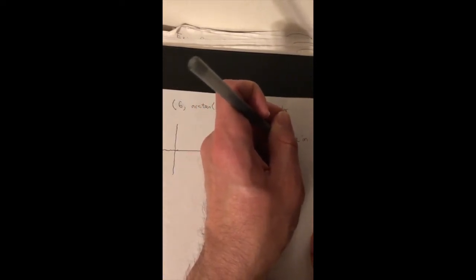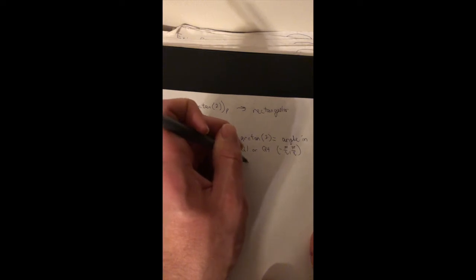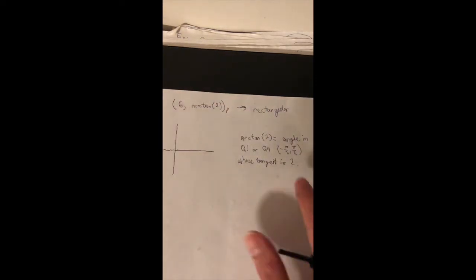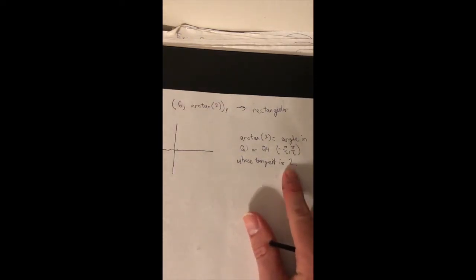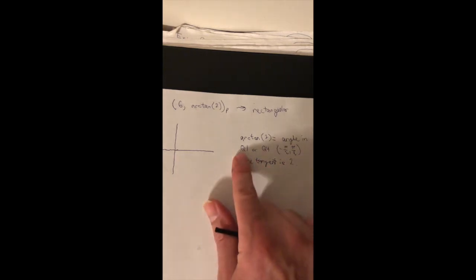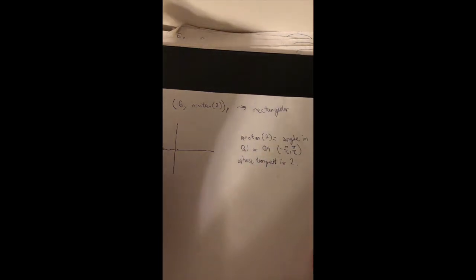Technically, it's the angle in negative pi over 2 comma pi over 2, whose tangent is 2. Tangent is positive 2, so that tells me that my angle is going to be in quadrant 1. Tangent is positive in quadrant 1, it's negative in quadrant 4. So I know my angle is going to be somewhere in here.